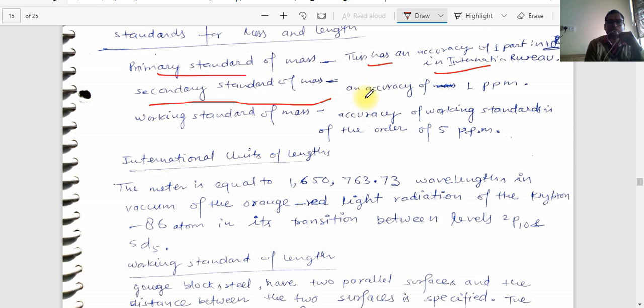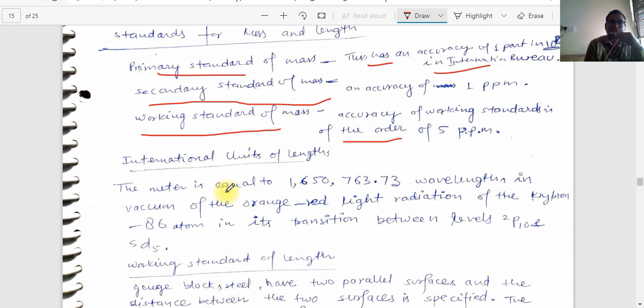Secondary standard of mass has an accuracy of 1 ppm. ppm means parts per million. Working standard of mass has an accuracy of the order of 5 ppm.